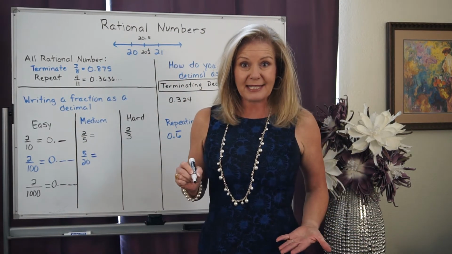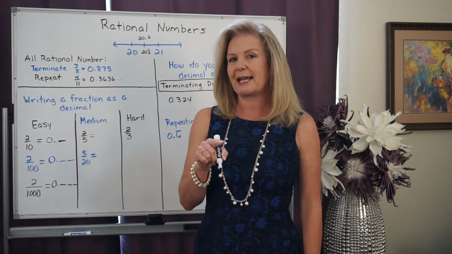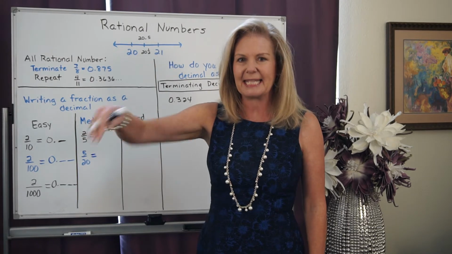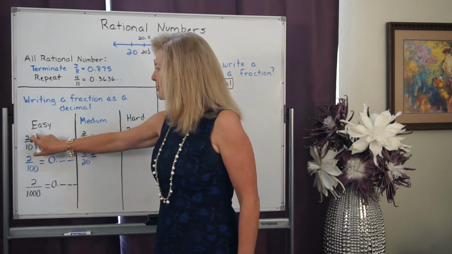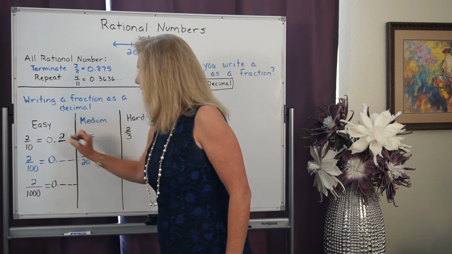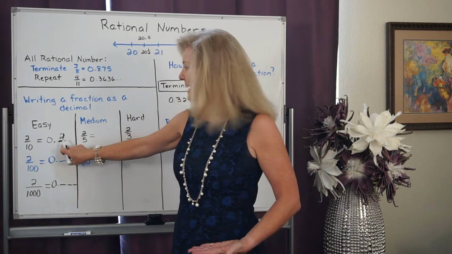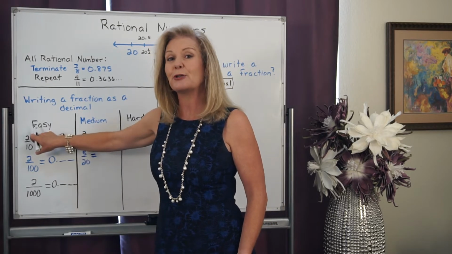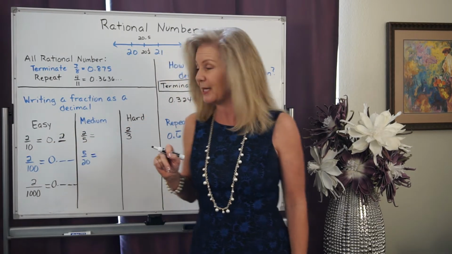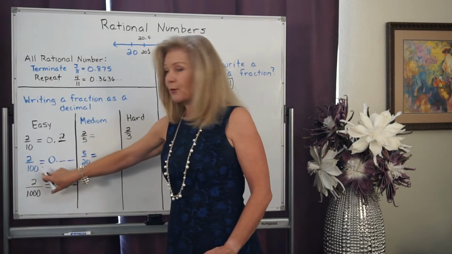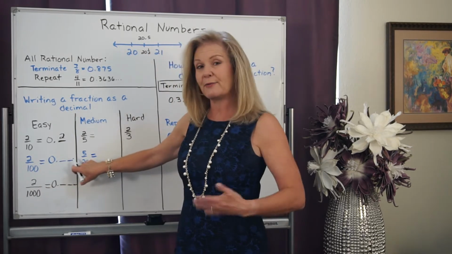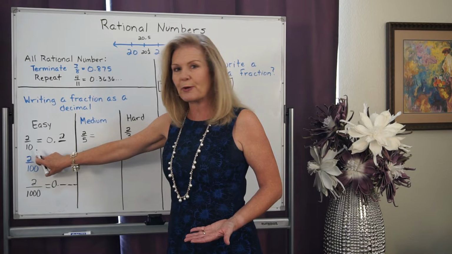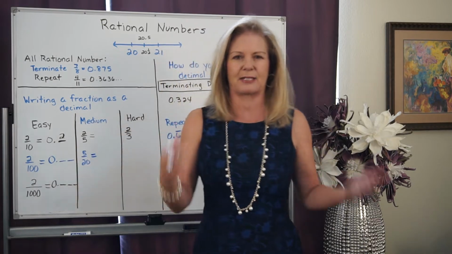Once we know the place value, all we have to do is take that numerator and place it into that place value. So 2 is placed right above that dash. 2/10 in decimal form is the same as 2/10 in fraction form. Now sometimes we're going to have more dashes than we do numbers. Well, that numerator always goes to the last place.